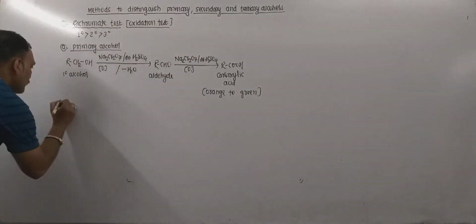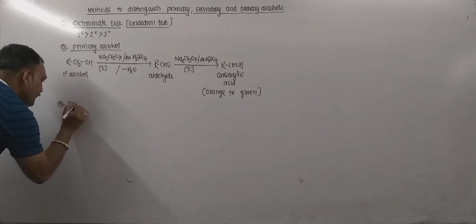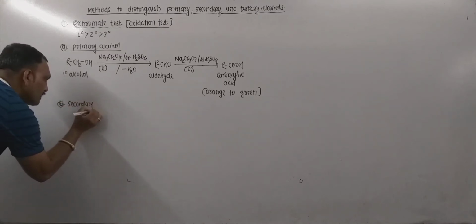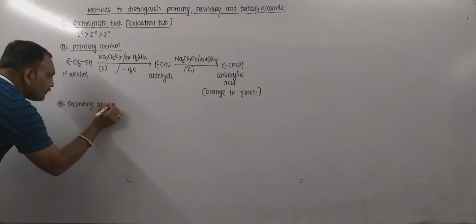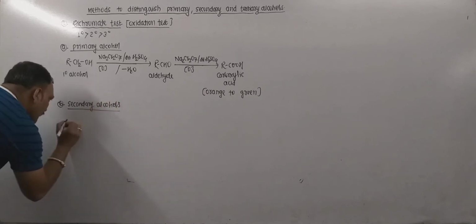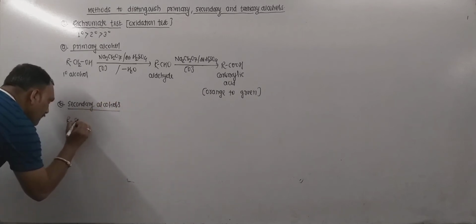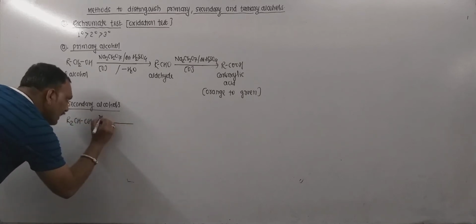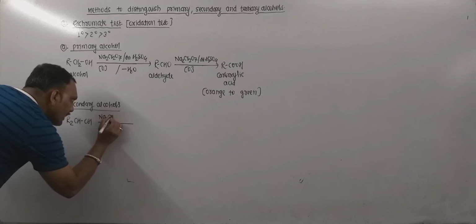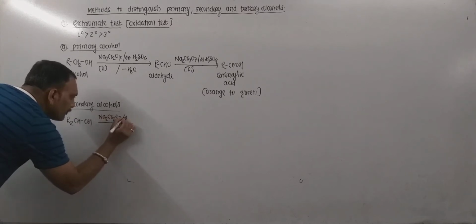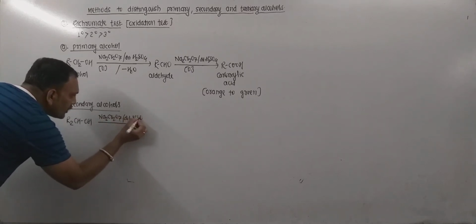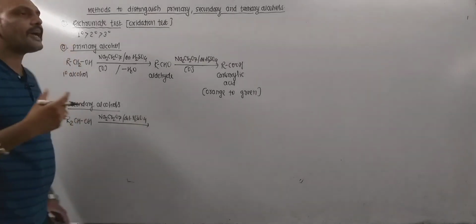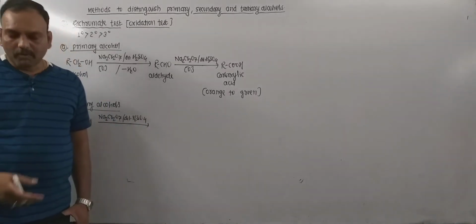Now let's see the response of secondary alcohols. So secondary alcohols can be represented as R2CHOH. So when this secondary alcohol is oxidized by Na2Cr2O7 in dilute H2SO4, that is the acidified sodium dichromate.